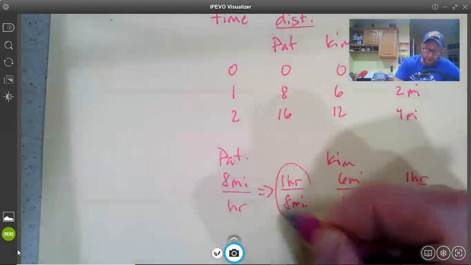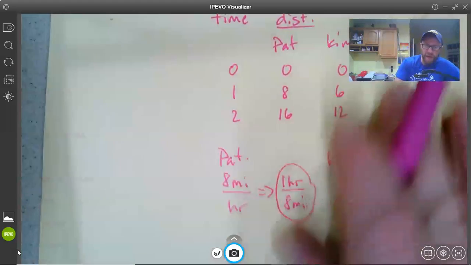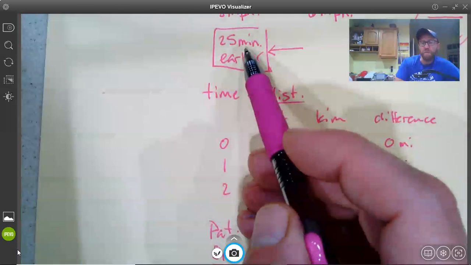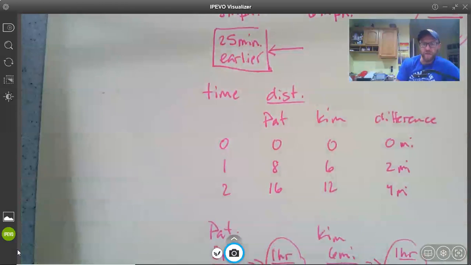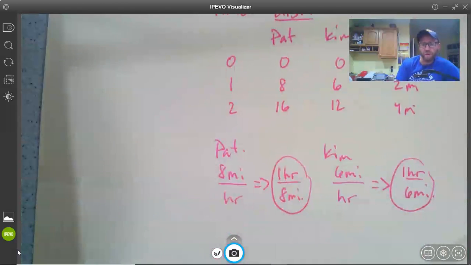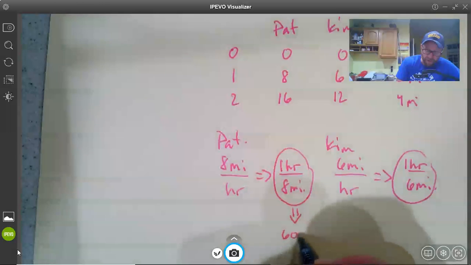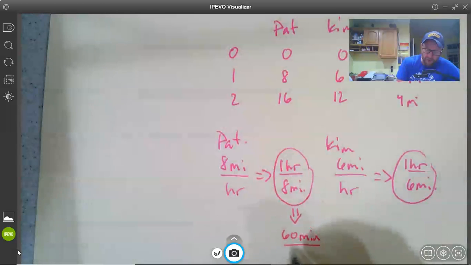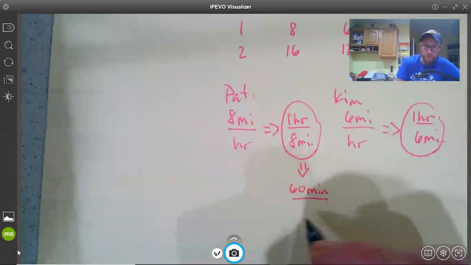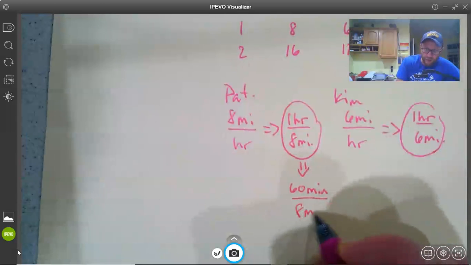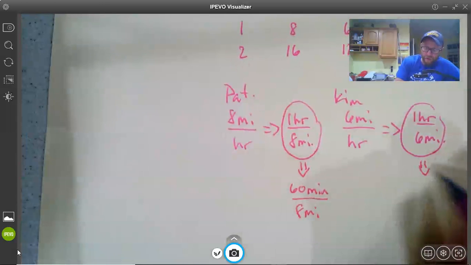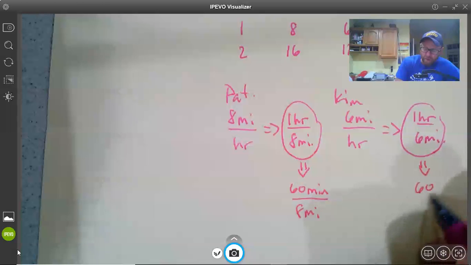And by the way, our time gap here is measured in minutes. So I don't want our time and our rates measured in hours. I want them measured in minutes, but that's pretty easy because 1 hour is 60 minutes. So that'll be 60 minutes per 8 miles. And over here, that'll be 60 minutes per 6 miles.